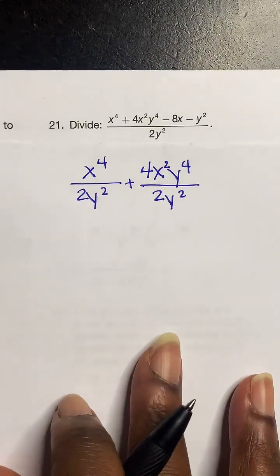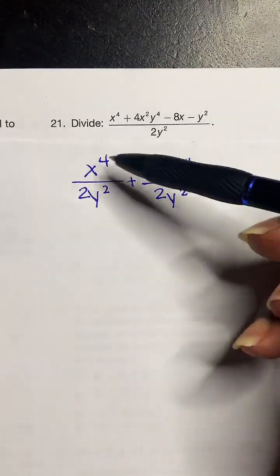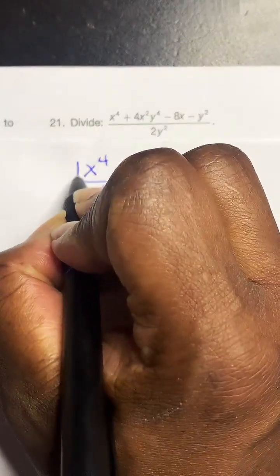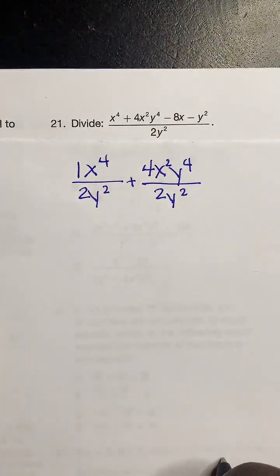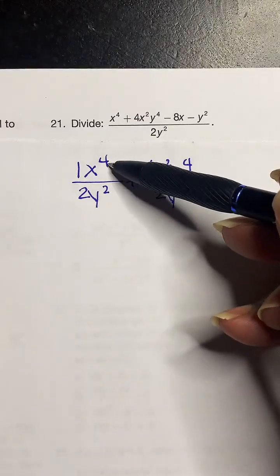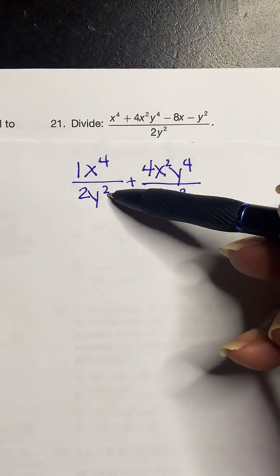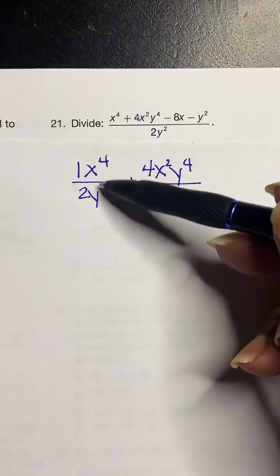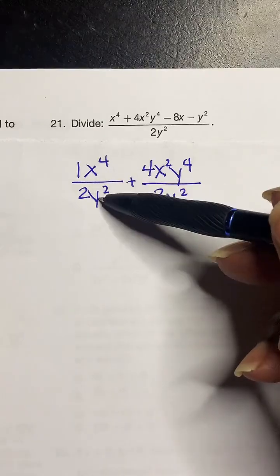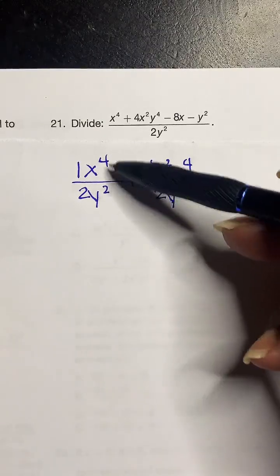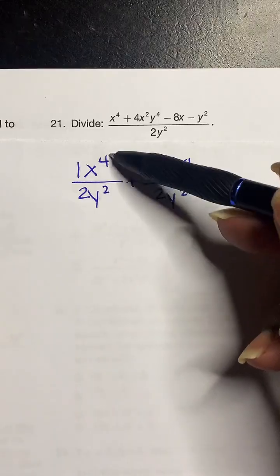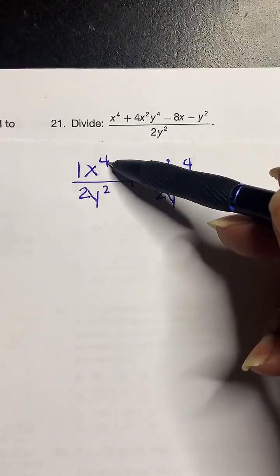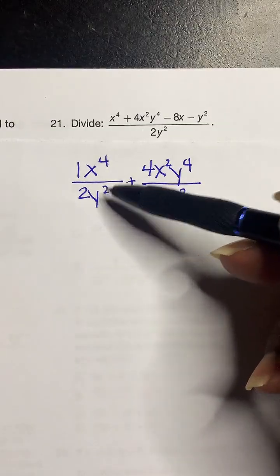I'm going to pause right there for a sec, because there's an assumed 1 in front of that x to the fourth. But that x to the fourth and the 2y squared, I can't reduce this. They don't have the same base, so I can't do the division or the subtraction of the exponents. So it has to stay x to the fourth over 2y squared.